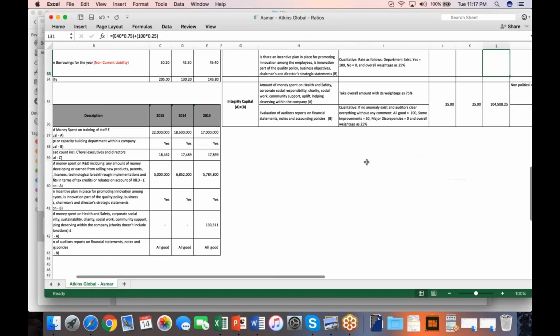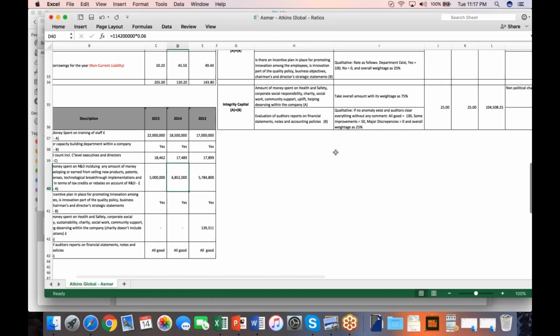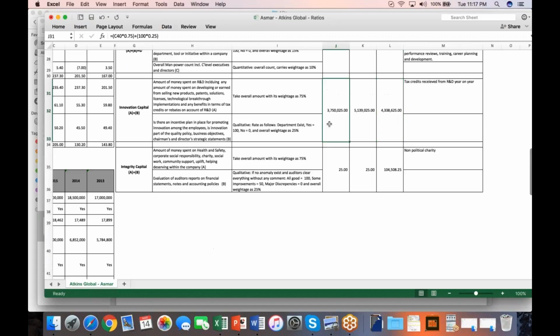That's why they got less rebate. The best year was 2014 when they spent more, from 4.3 to 5.1 to 3.7, whether we use millions or divide it by something and put a point number. But these are the overall points.